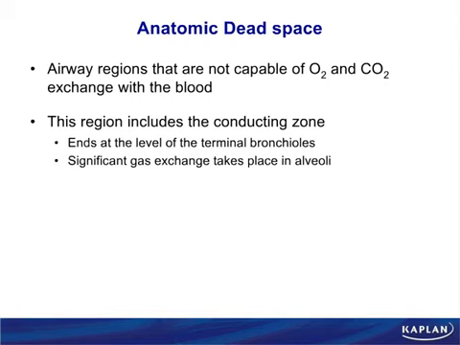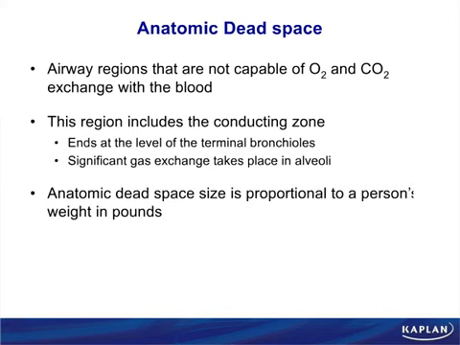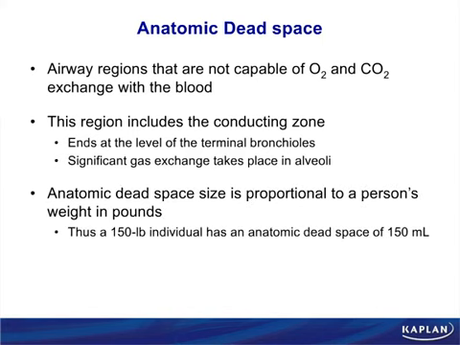The anatomic dead space varies from individual to individual because it's influenced by body size, and it's pretty close to about 1 mil per pound. So a 150-pound individual has an anatomic dead space of about 150 mils. And we'll use that 150 as our classic textbook number for dead space. Remember, everybody has dead space.